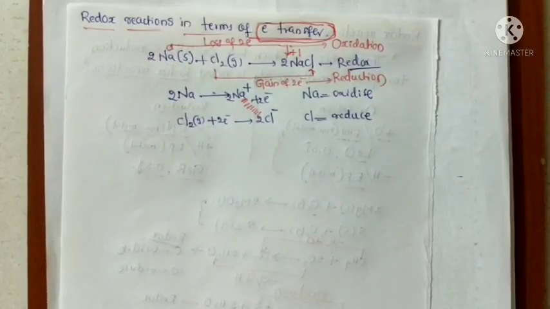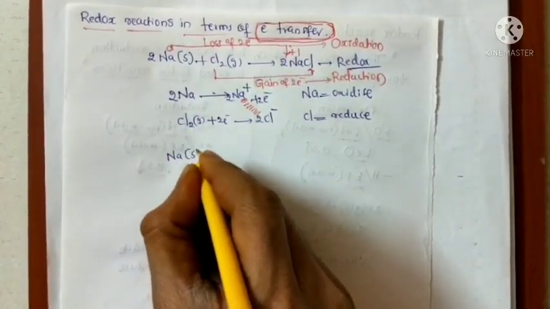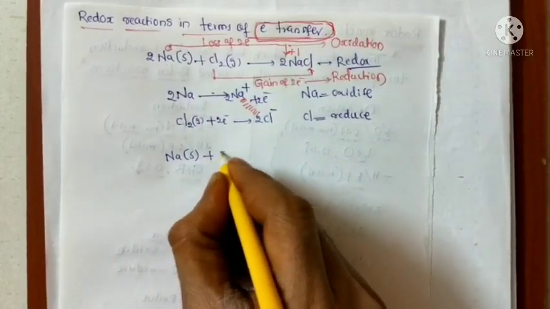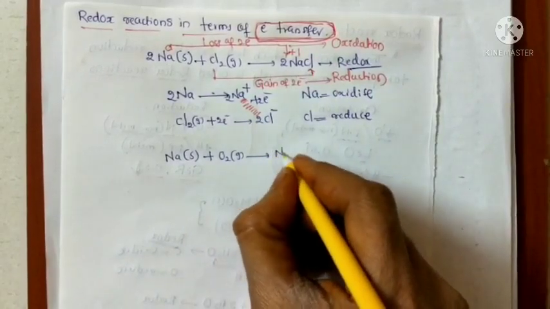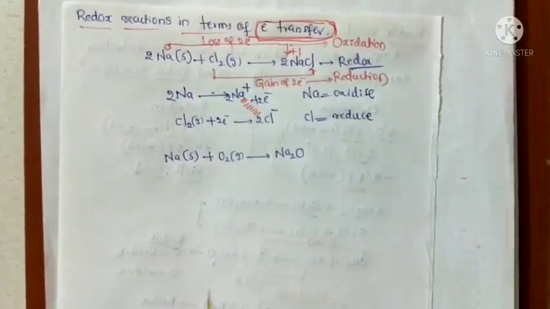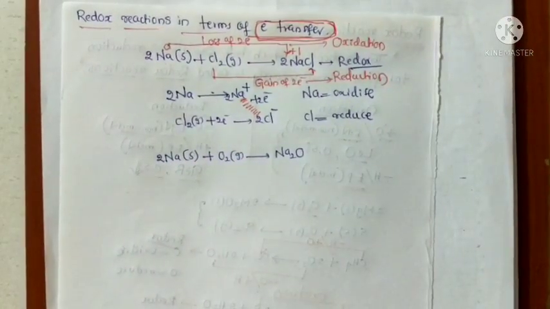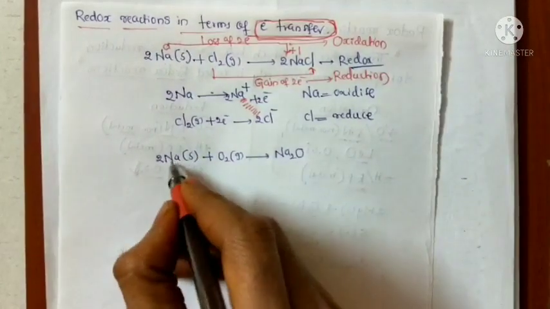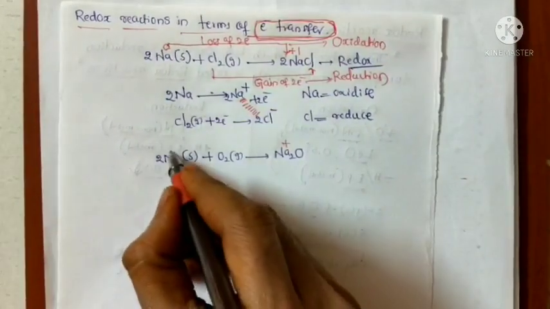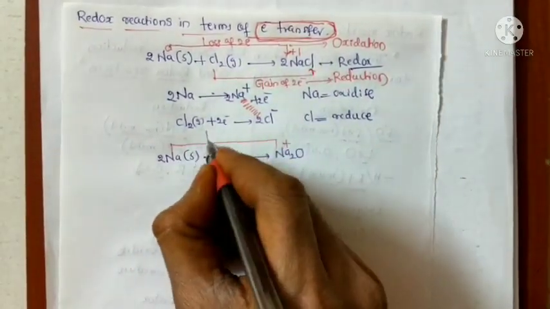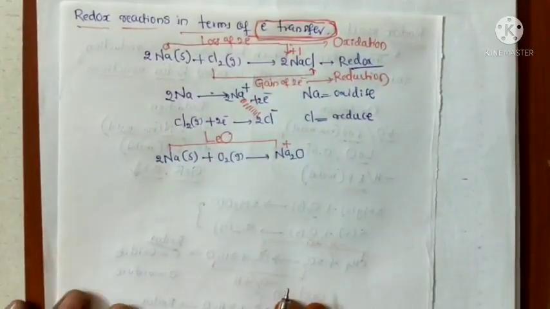Next, you will see another example: sodium metal is reacted with oxygen to form sodium oxide, Na2O, from 2 moles of sodium. Here sodium is converted into Na plus ions, which is loss of electrons, and loss of electrons is the oxidation process.